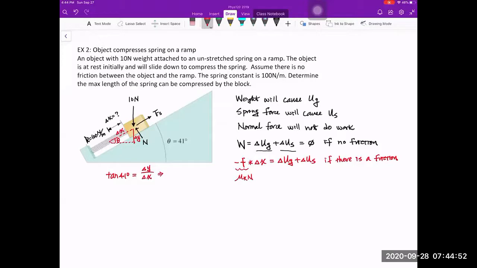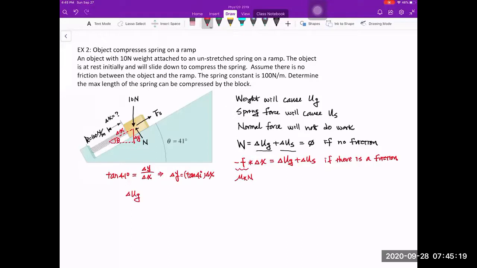So we can simply say the change of y is equal to tangent 41 multiplied with the change of x. And let's look at what is the change of potential energy and change of the spring energy.